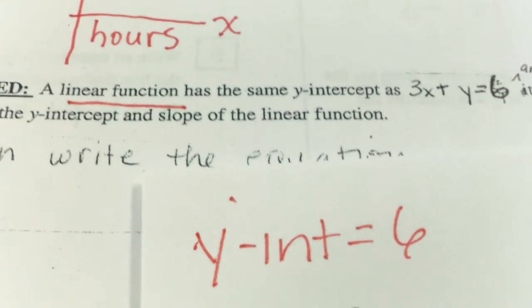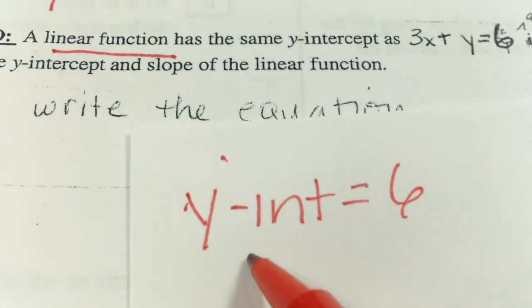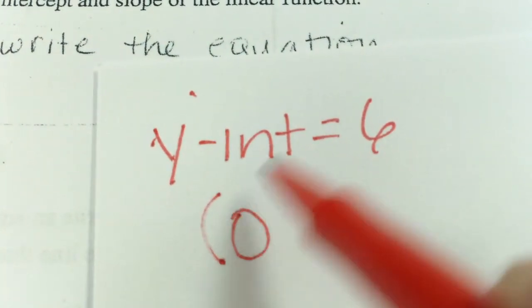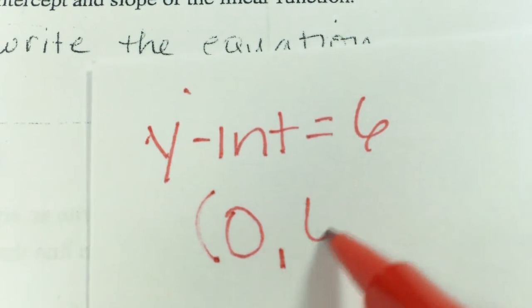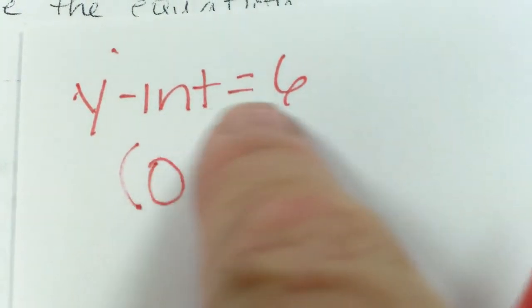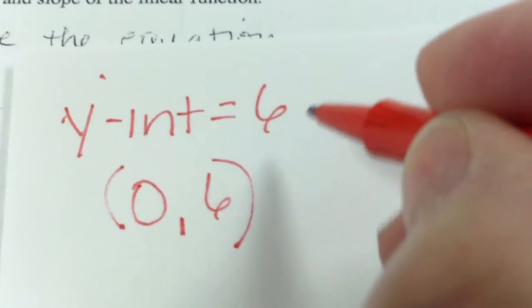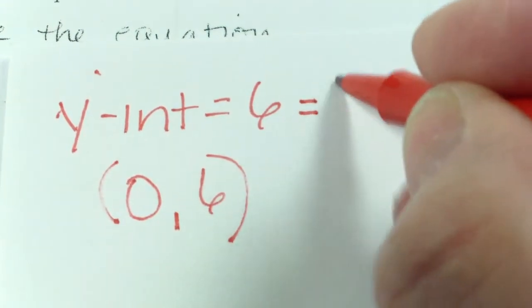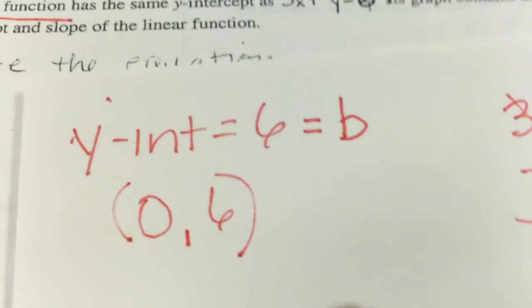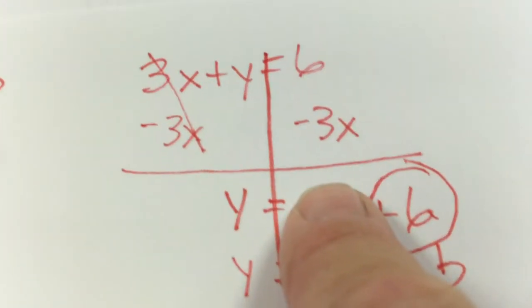And I happen to know that a y-intercept can also be written, y-intercept means we make x 0, and when x is 0, y is 6. That's also a way to display your y-intercept, this way and this way. And I also know that the y-intercept we often call b. So this is the y-intercept of the equation they gave us.